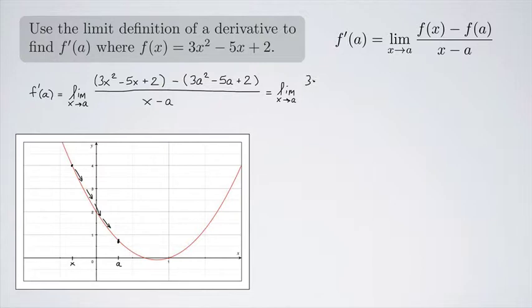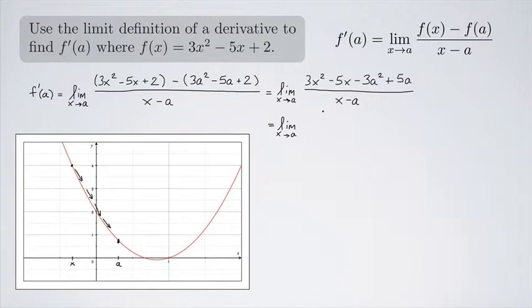I'm going to have 3x squared minus 5x minus 3a squared plus 5a, plus because I have a minus here and a minus here, all over x minus a. Again, I have to keep writing the limit because I haven't yet taken the limit. So the limit as x approaches a.